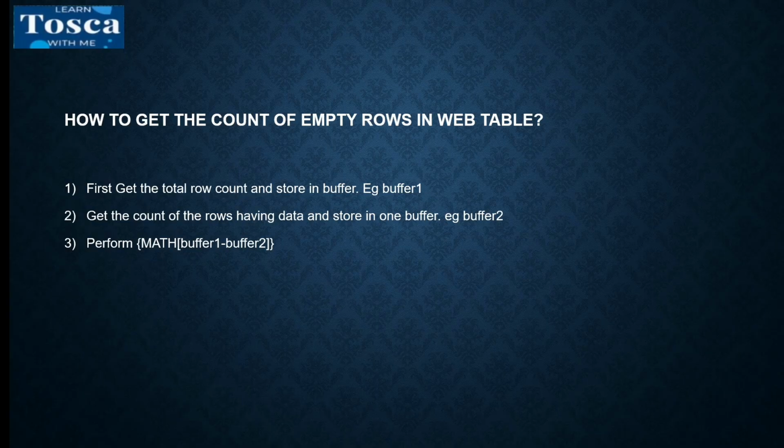Suppose we have a table with 10 rows, and data is available in 5 rows. First we take the total table row count, which gives 10. Then we take the count by putting some constraint, which gives the count of rows having data, that means 5. So 10 minus 5 gives 5 empty rows.